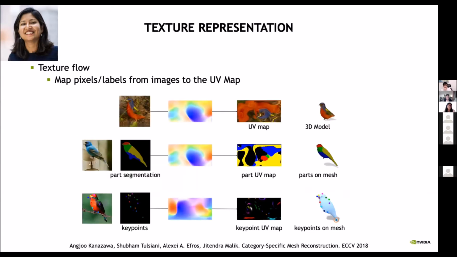One of the nice things about this design is that the texture flow can map anything from the input 2D image space to the UV map space. For example, here it maps part segments or key points of a bird image to the UV space, which can further be mapped to the 3D mesh. This key idea plays a central role in the two projects that we will describe today.